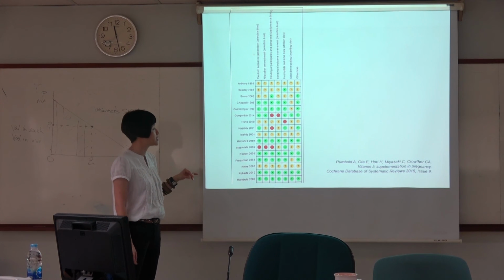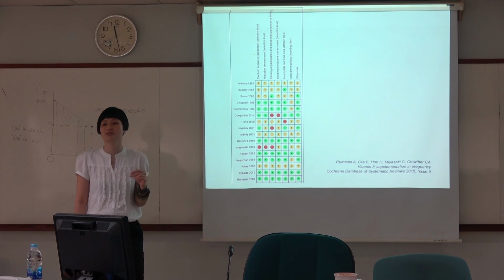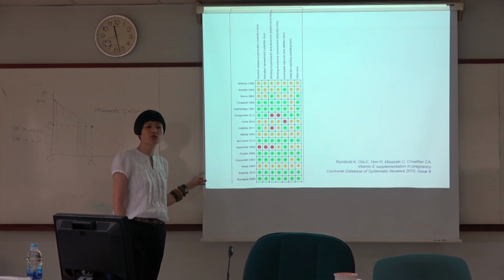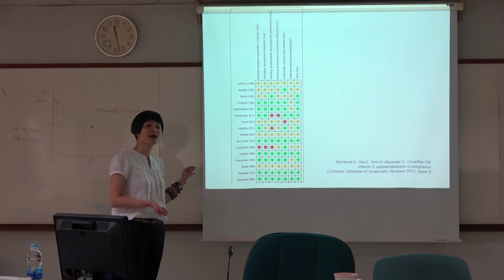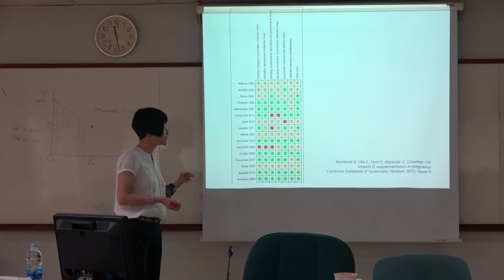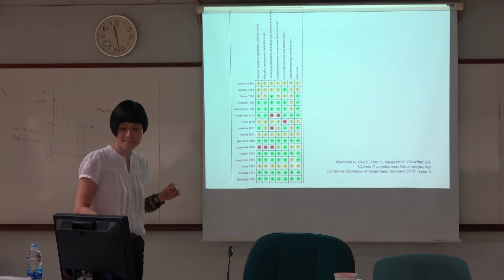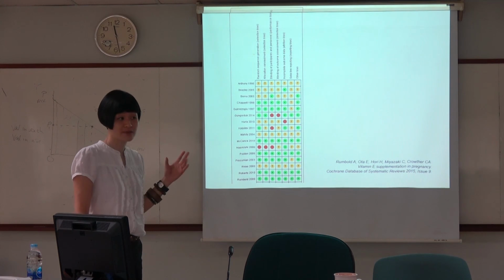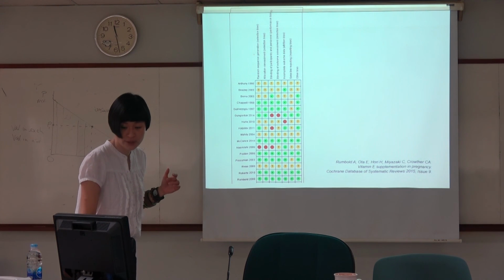So that's one way of doing it. You can also weight the studies according to the quality. You can manually apply a weighting in your meta-analysis. So that's another way of doing it. Or you can give a narrative description, as I've shown earlier.